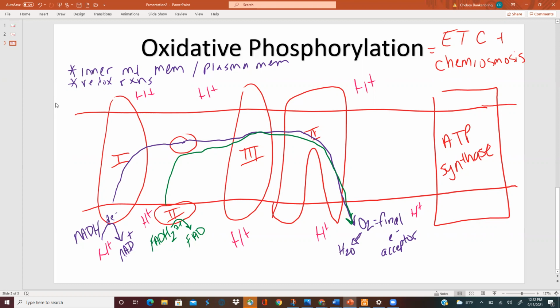So that energy is used to move some of these protons against their concentration gradients. This is a form of active transport, y'all. To move these protons against their concentration gradient. Trying to show that these guys have all been forced up here.